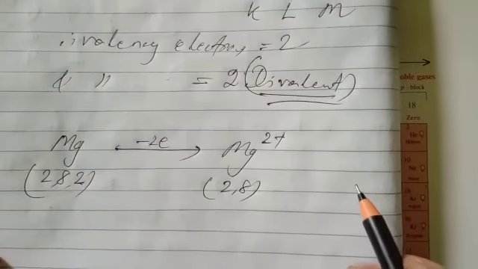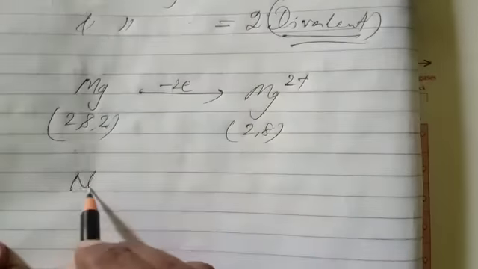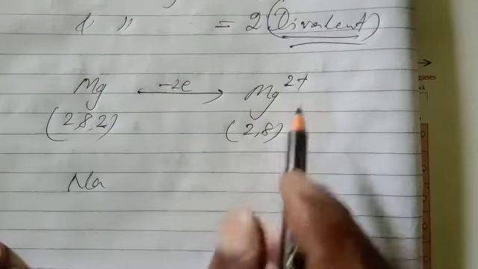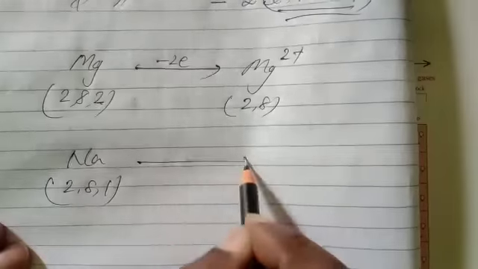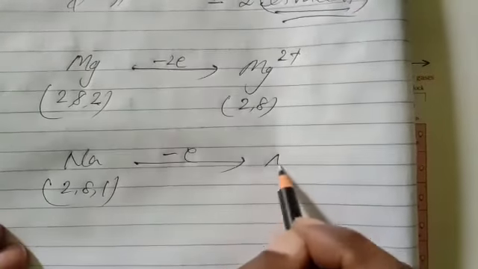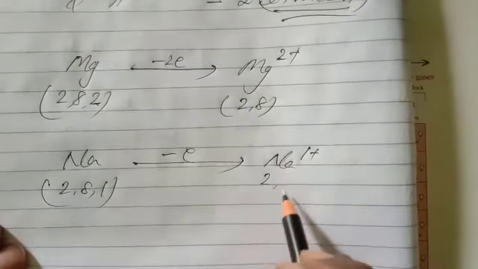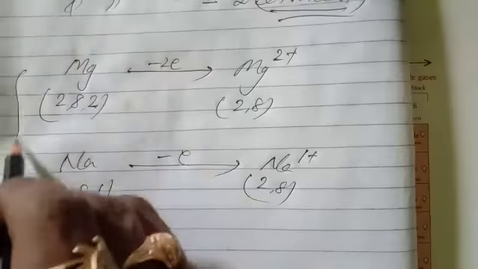Okay. So this is the same process. Magnesium will be converted to magnesium ions by donating 2 electrons. Sodium, that is 2, 8, 1. If it donates only 1 electron, that will become sodium 1 plus, that is 2, 8. Okay, positive ion formation is taking place.